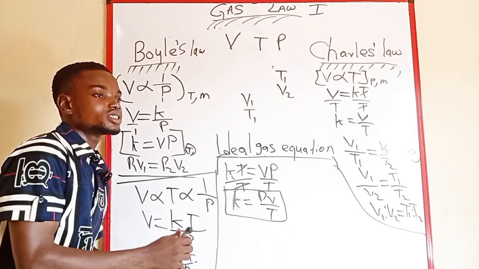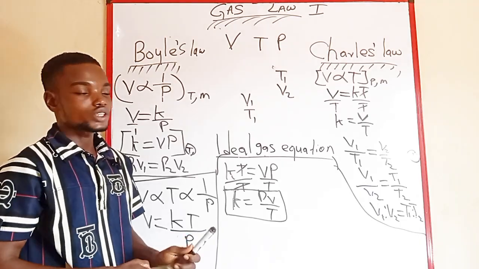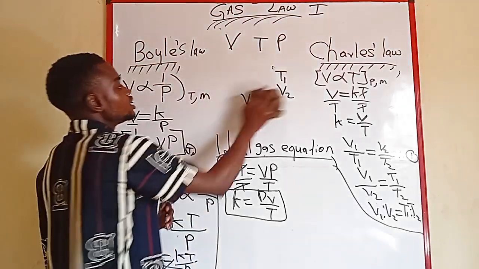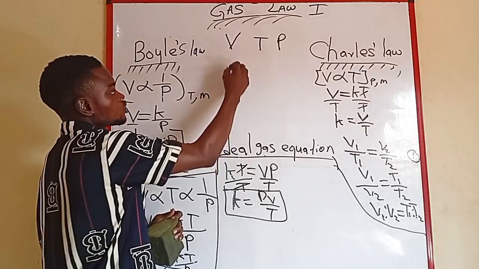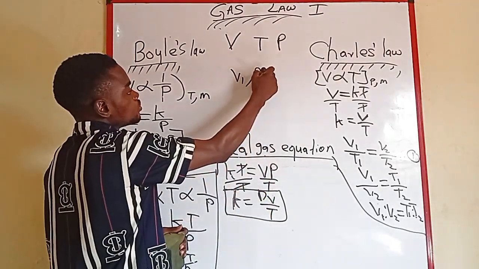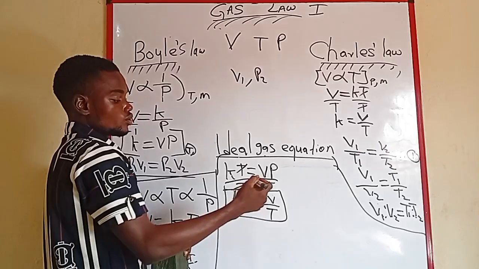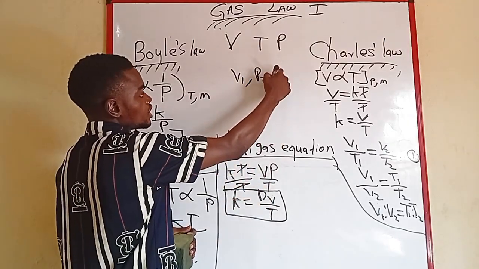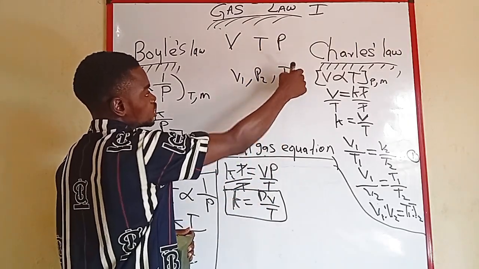Hence, we are now going to consider a statement of fact whereby we have the initial volume of a gas to be V1 and the initial pressure to be P1. Now, we also have the initial temperature to be T1.